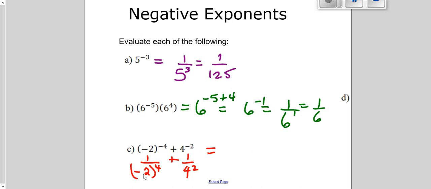Now, if I put in -2 to the exponent 4, I get 16. And 4 squared is also 16. So 1/16 plus 1/16 is 2/16. And that, of course, can reduce to 1/8.